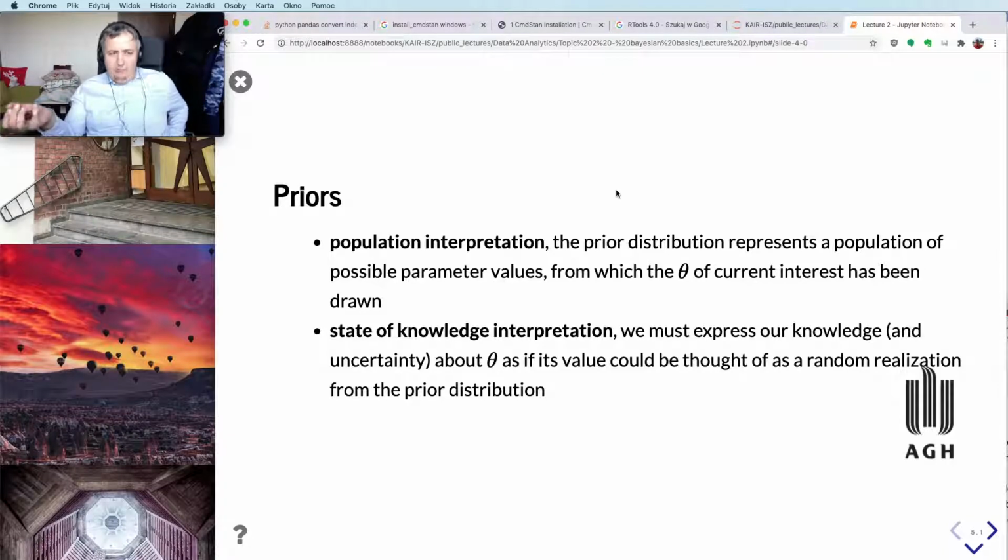So, for example, the best example is the age structure of the society. If we have measured our entire society, we can assign a distribution, even a discrete distribution, that represents the probability of a certain person being a certain age, with precision up to one year.